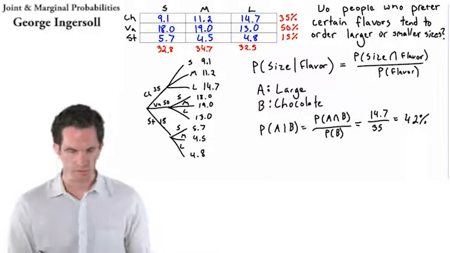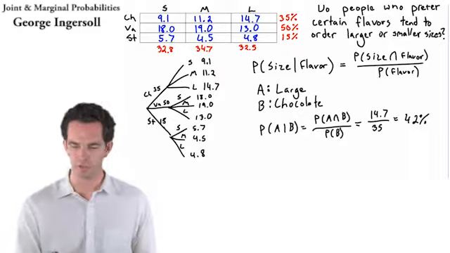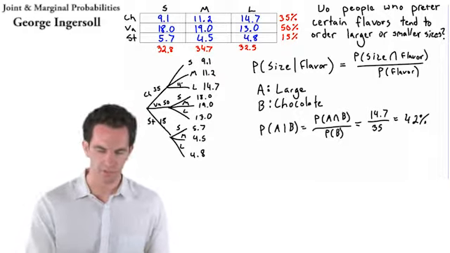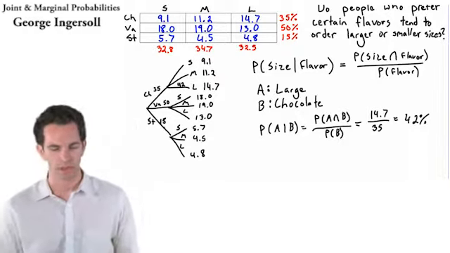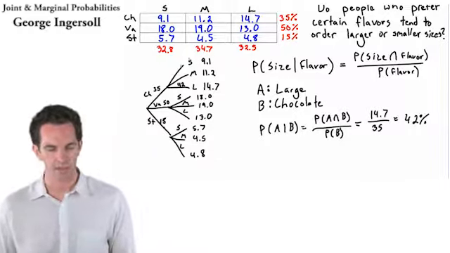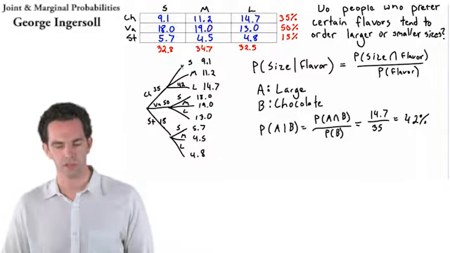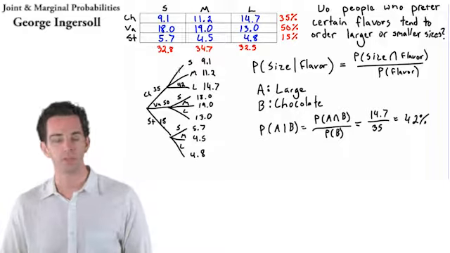Now, if I'm filling out my decision tree, I can put that right here. And I can do the same thing throughout all the branches of my decision tree. These are the conditional probabilities.